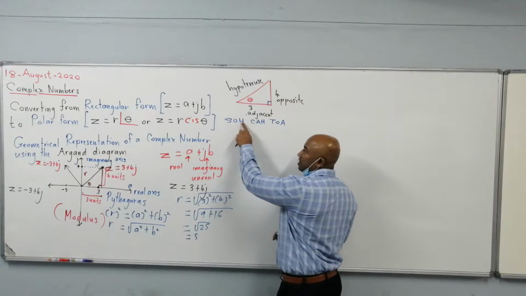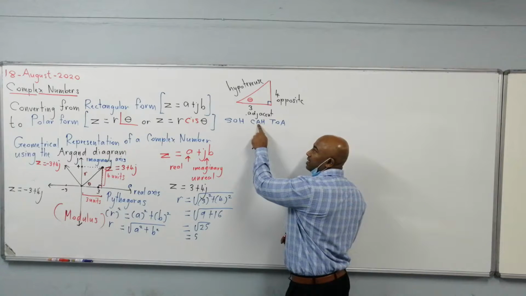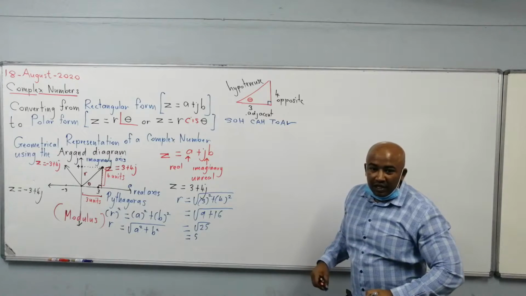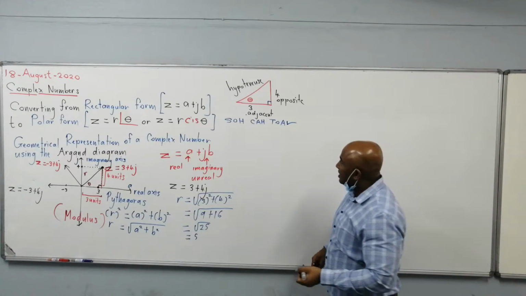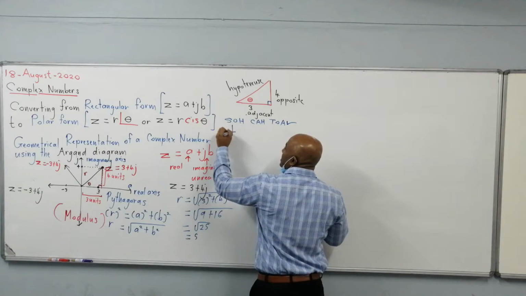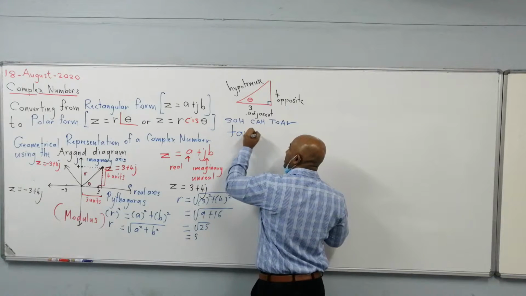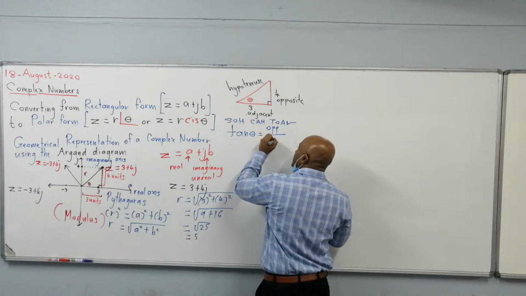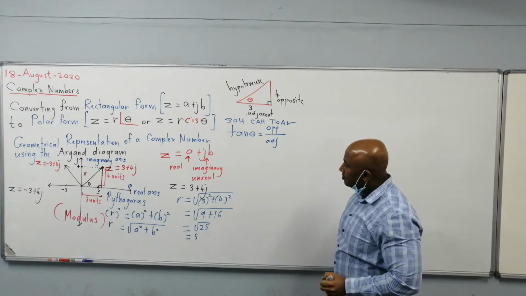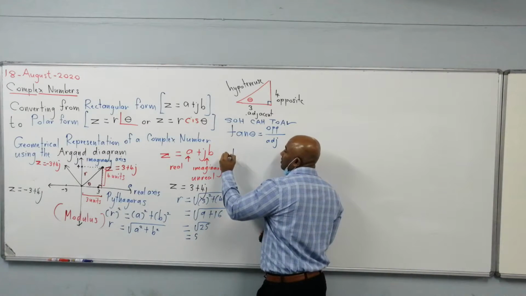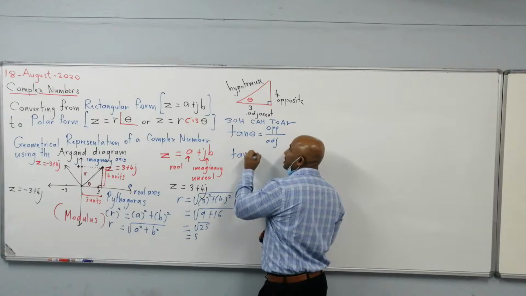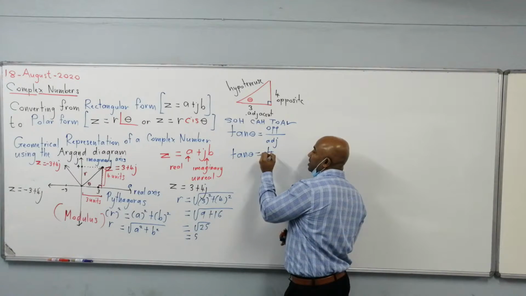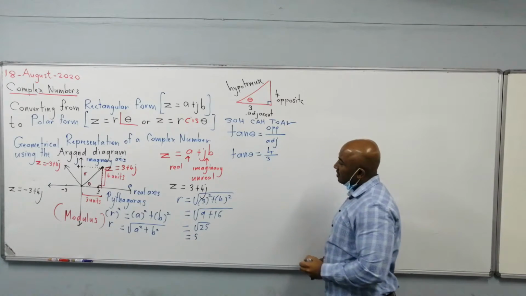No, this is OH. Is this OA? No, that is AH. But there's OA here. So therefore, I will use tan. So now I'm going to go tan of theta is equal to opposite over adjacent. So now tan of theta is equal to opposite, which is 4, and adjacent is 3.